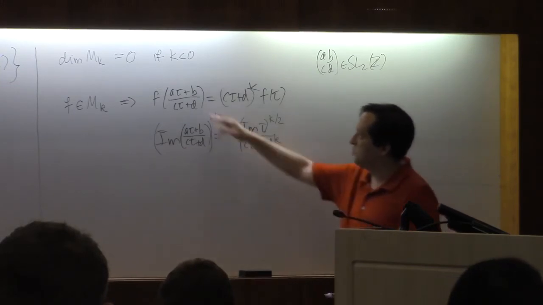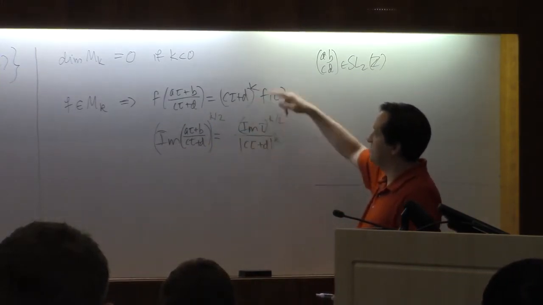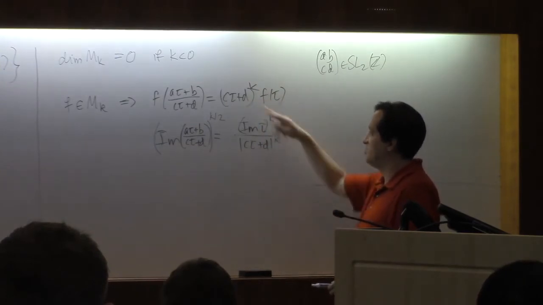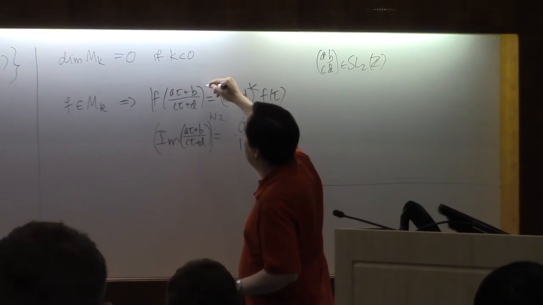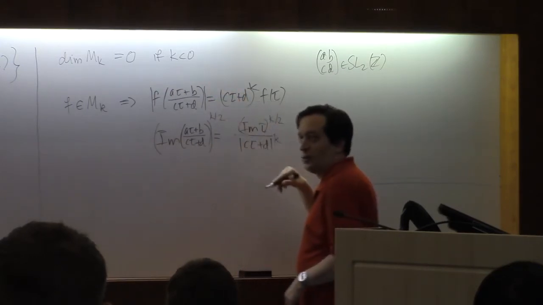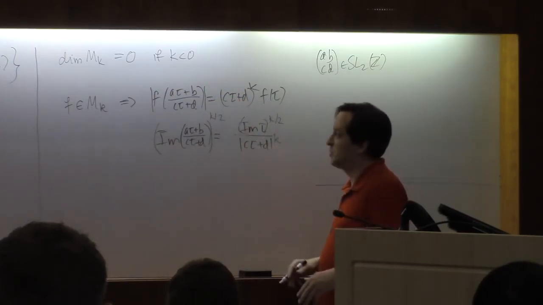Now if I multiply them, oh darn, I don't get cancellation because I don't have absolute values here, and I do have them here. Fine, let's put absolute values. We'll take our holomorphic, nice complex valued function, and we'll destroy it by just taking its absolute value.